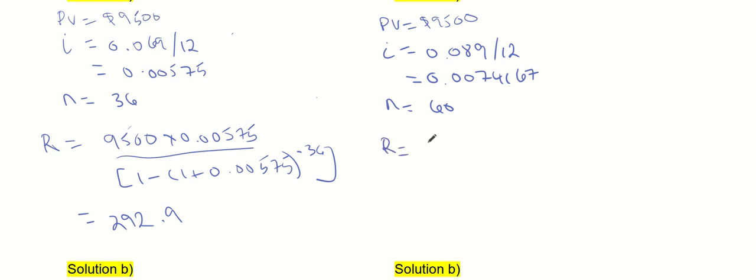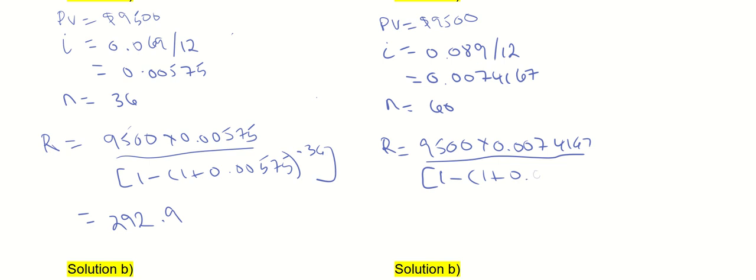This one here, again, is the same present value, which is 9,500. I like saying 9,500, it's more orderly. And the interest, which is 0.00744167. And 1 minus 1 plus 0.007416, again that's the interest, and then end brackets.